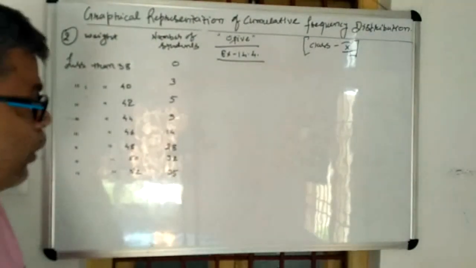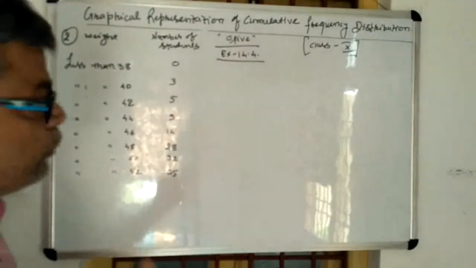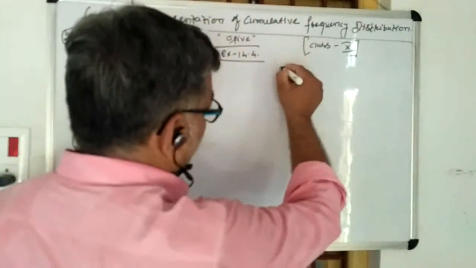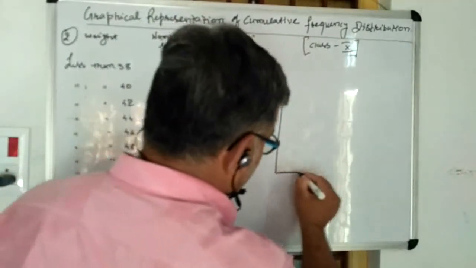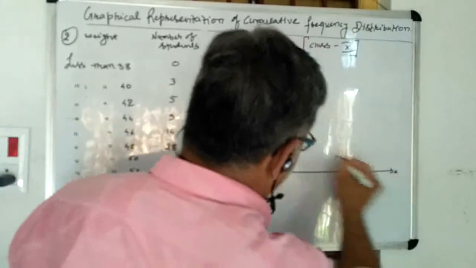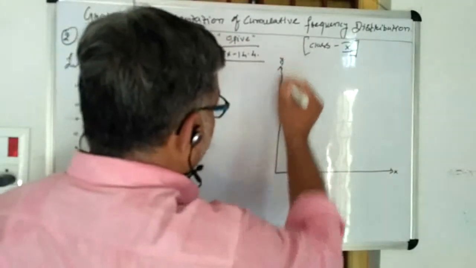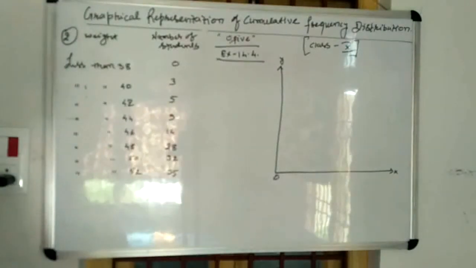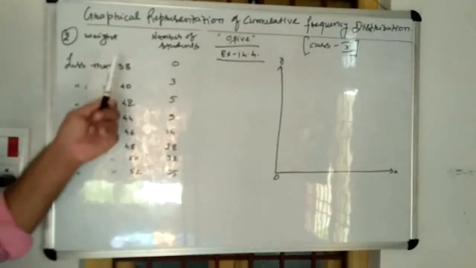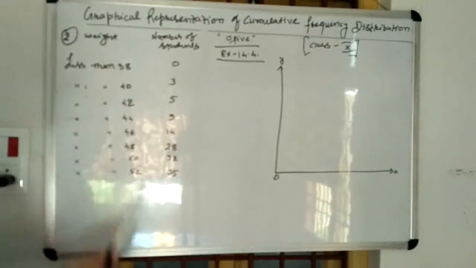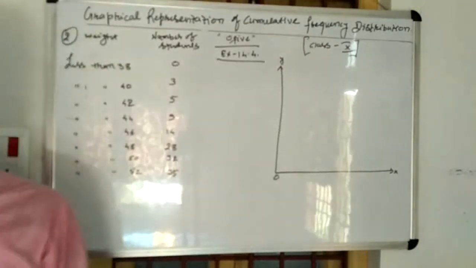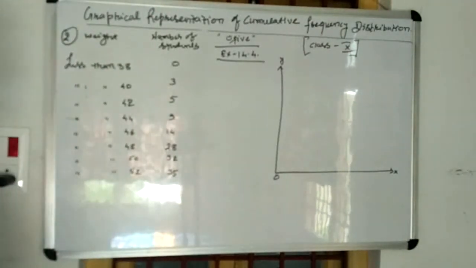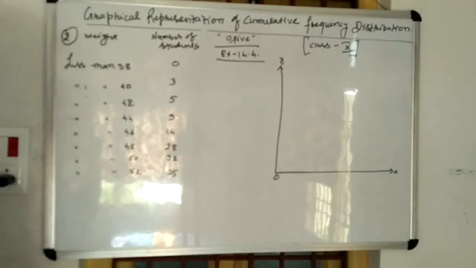To draw the graph, we have to draw two axes, one is the x-axis and the other is the y-axis. On the x-axis, we have to take the upper limits, which are less than 38 or 40.